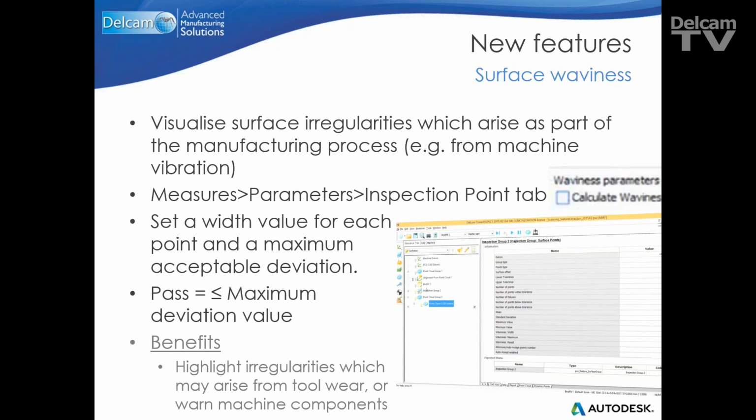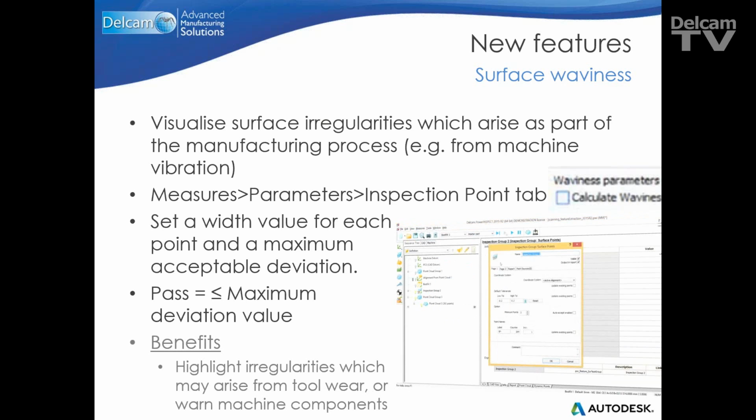And what actually happens is, each surface inspection point has a tolerance, of course, and also there's a width value, that is to say, the kind of search proximity criteria around that point.